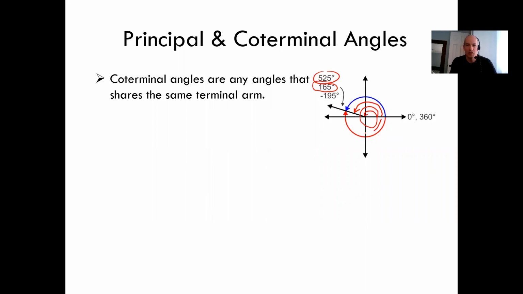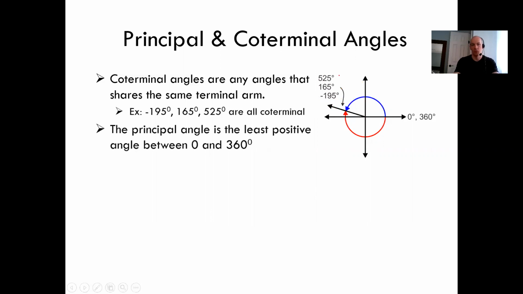Or you could have gone in the negative direction to get over there, which is negative 195. You can see that there's actually an infinite number of coterminal angles for any angle out there. Sometimes we'll put restrictions on so we don't have too many of them, but basically that's the idea. So those are all coterminal.